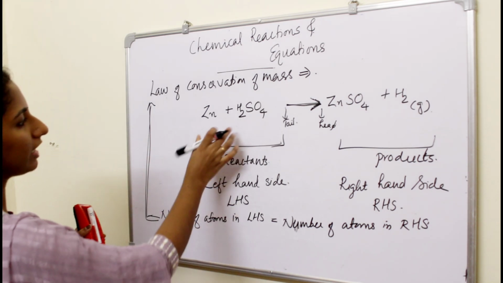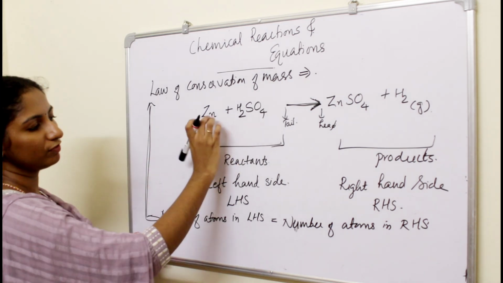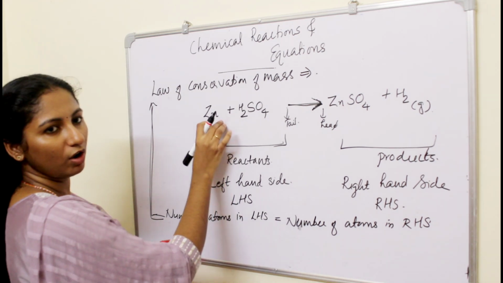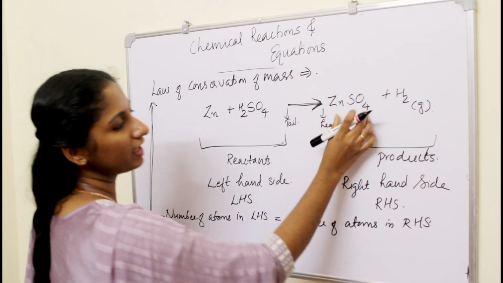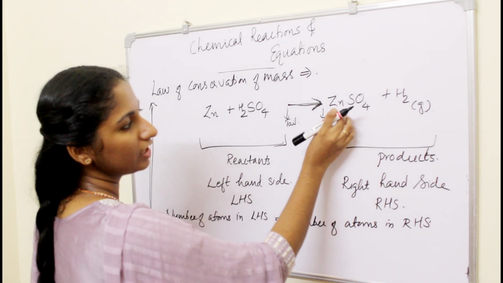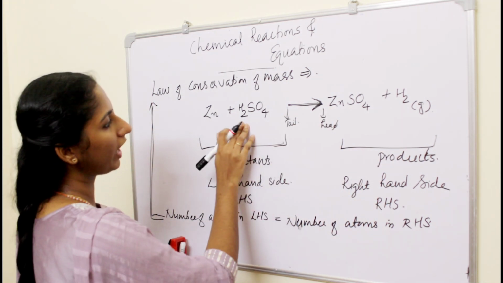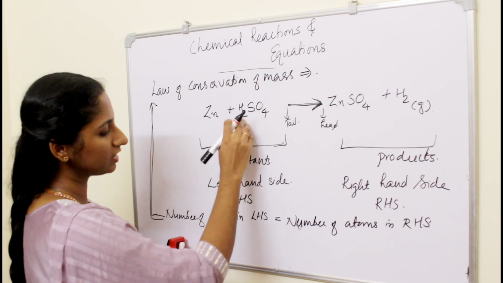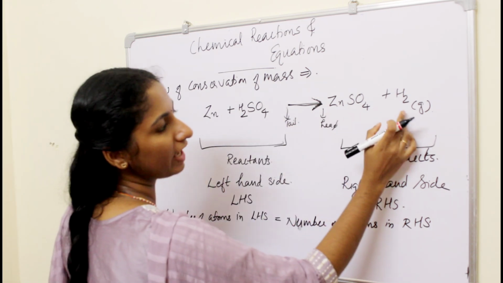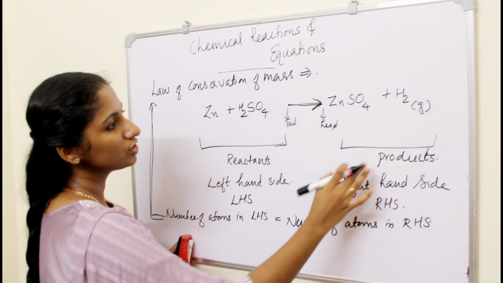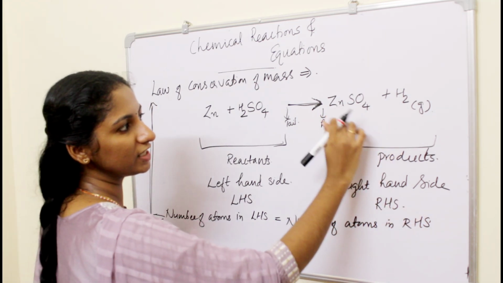Okay. So if we are taking the case of elements of this reaction, here we have one zinc over left hand side, right? So when we are taking this right hand side, here also we have one zinc, one atom of zinc. Okay. What about hydrogen? We have two hydrogen atoms over left hand side. Here also we have two hydrogen atoms over right hand side. Okay. So we can combinedly take the case of these products.